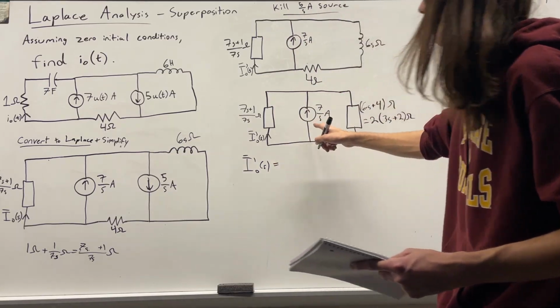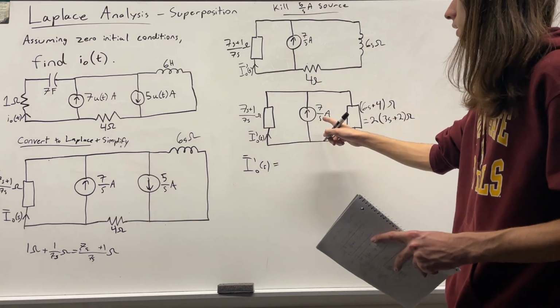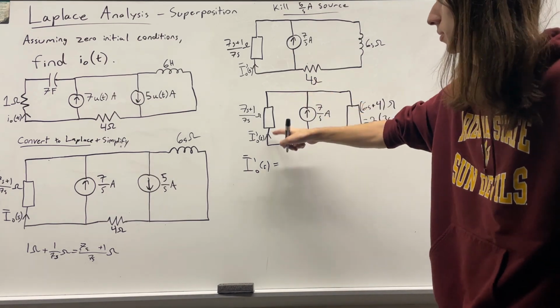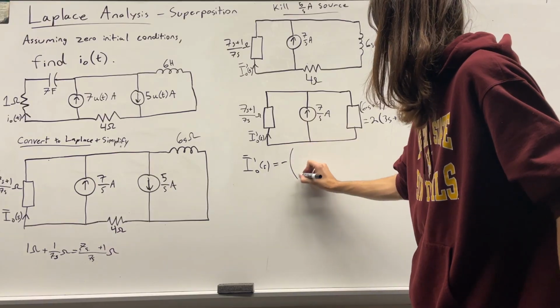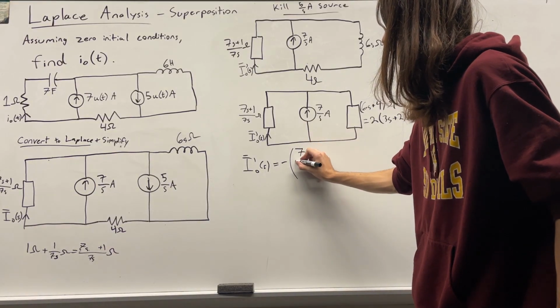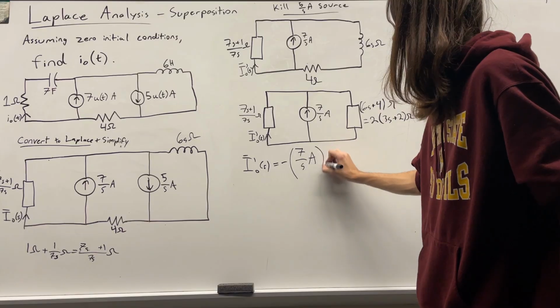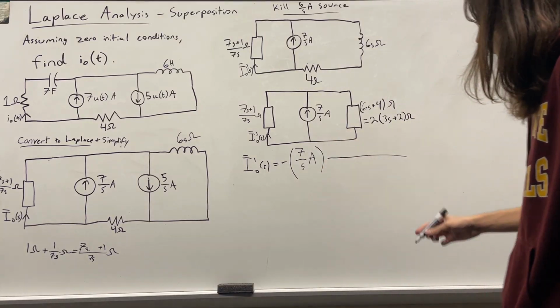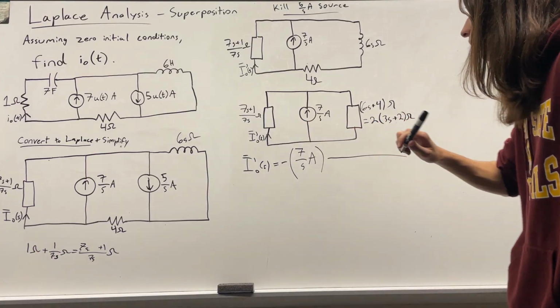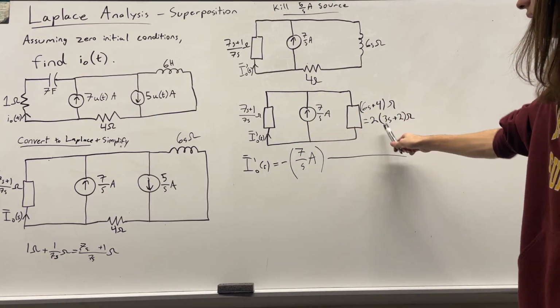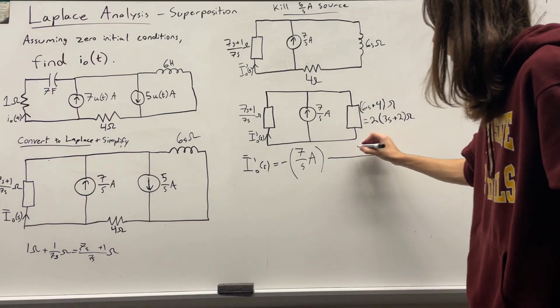Now the current produced by this source is flowing the opposite direction of the sought variable, so it's going to be negative 7 over S amps times, and then since we're looking for the current through this impedance, we're going to put this impedance on the top.